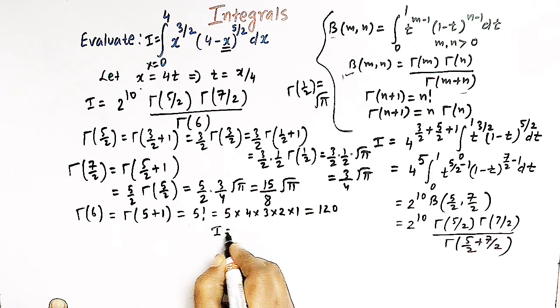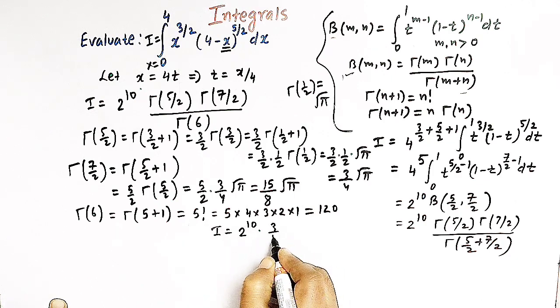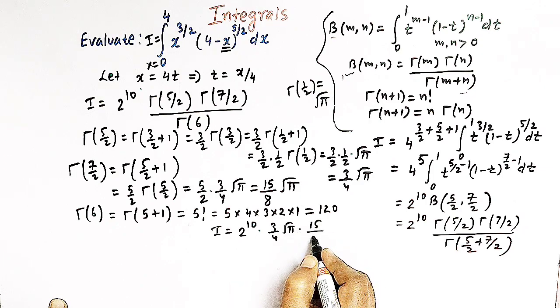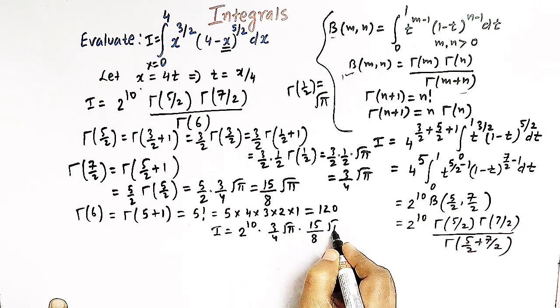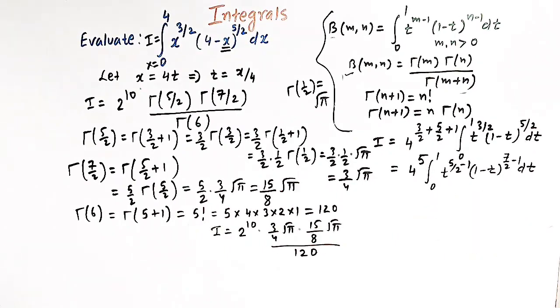So I can now be written as 2 raised to 10. Then we have 3 by 4 root pi. Then we have 15 over 8 root pi divided by 120. So now our aim is to simplify this expression.